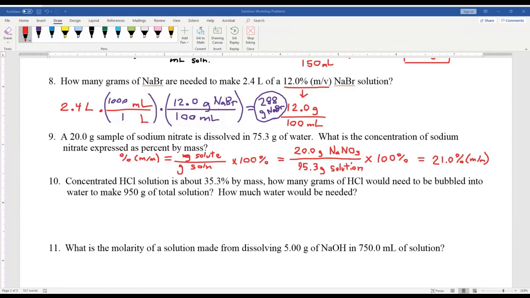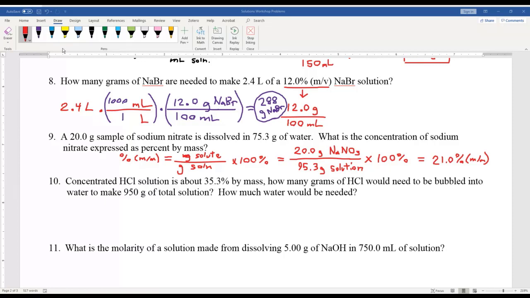Do you all feel like you'd rather do this together? I'm not seeing anything in the chat. Okay, it sounds like the consensus is let's do it together.